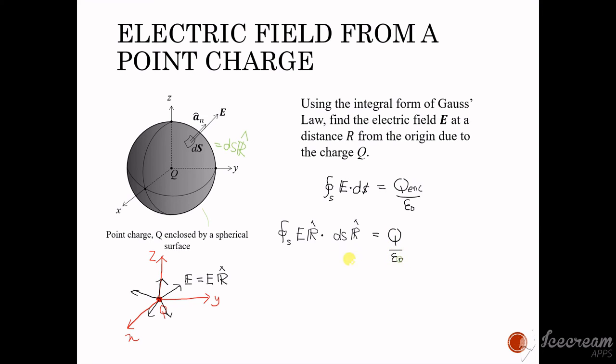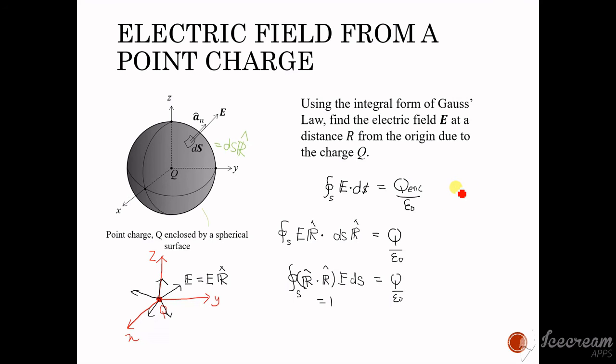Now what we do is solve this dot product. Here we have r dot r, E ds, with the integral there. The dot product between two same vectors, in this case r and r, will equal 1.